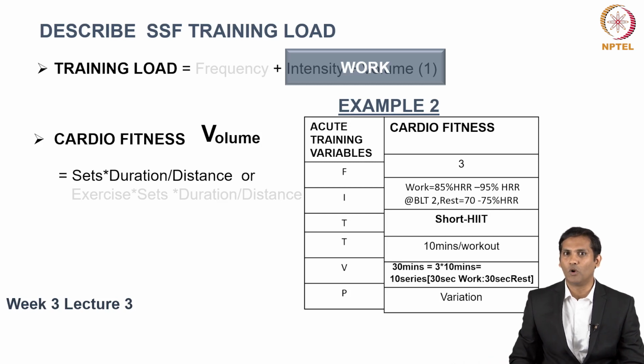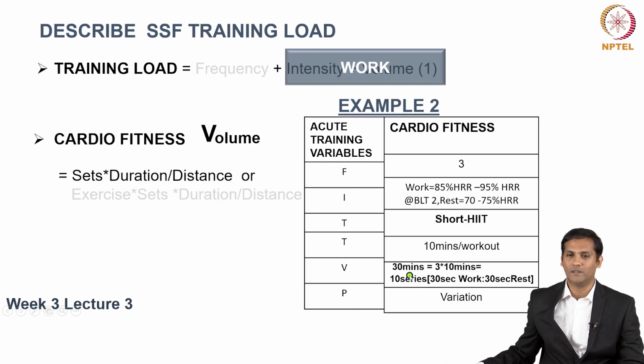So how do you write a volume when you use a short HIIT type of training, a cardio training? Your work interval is 30 seconds and rest interval is 30 seconds. So work and rest interval together means 1 minute. And this work and rest interval together is called one series. So I plan to do it for 10 minutes. So totally I have to do 10 series and I do it 3 times a week.